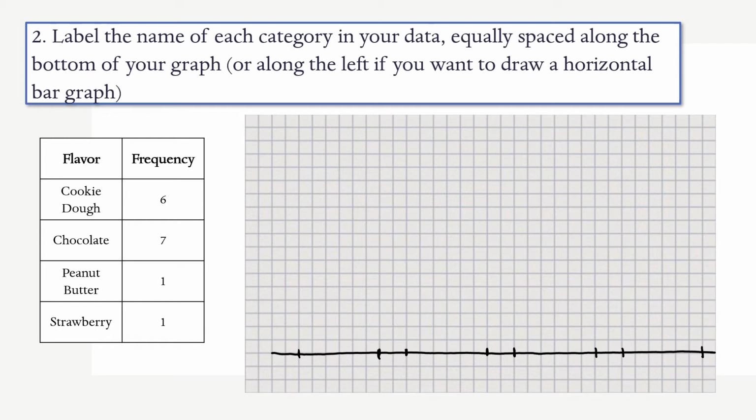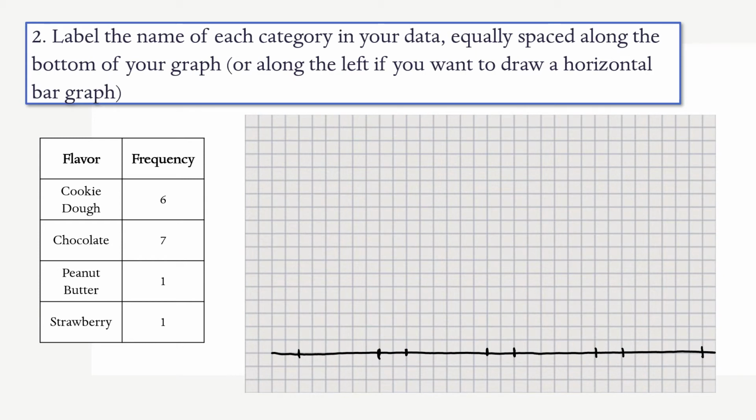If you were using a ruler for this, you could use the tick marks on your ruler and count the number of tick marks, or you could actually come up with a measurement, like a number of centimeters or inches. If you don't have a ruler and you don't have graph paper, you just want to make sure that you have the same as you can get width for each of these future bars, and that you have an equal space in between them.